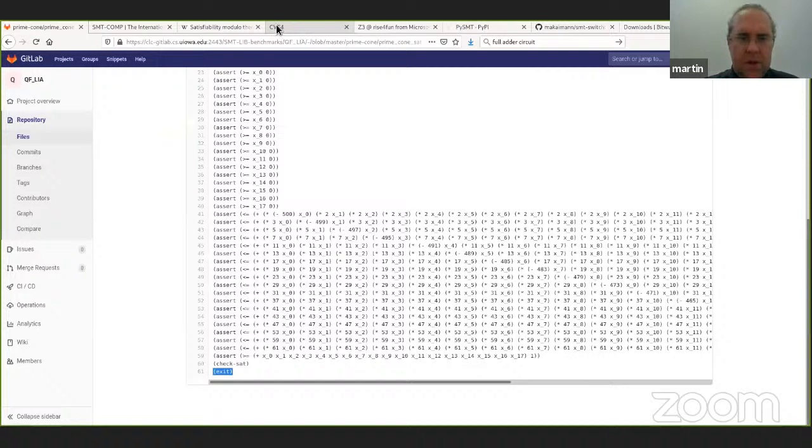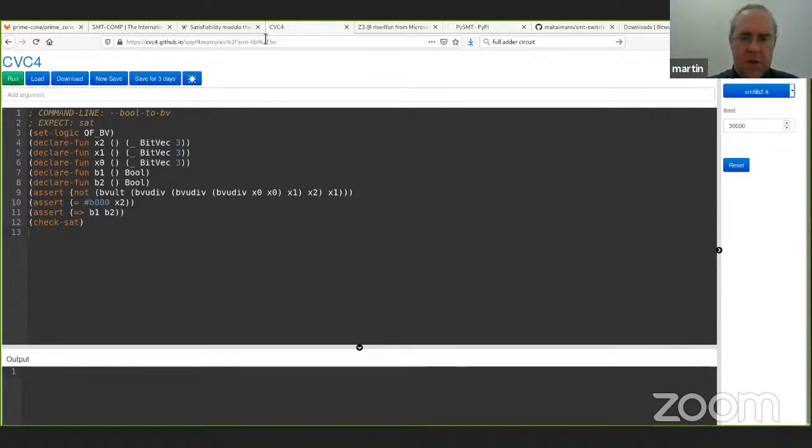So this is the web interface to CVC4. We've got a program here, a SAT formula really. It says set logic, so this is quantifier-free 3-bit vectors. We've got x1, x2, x1, and x0, all 3-bit vectors.